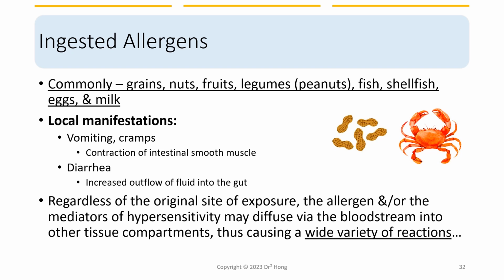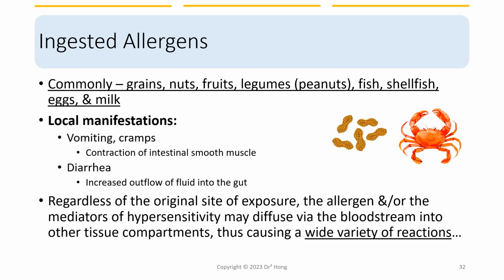However, it is relatively rare that IgE is present and specific for any of these allergens. But when IgEs are present, they will trigger histamine release, and that will cause changes in blood vessel permeability and also smooth muscle contractions, leading to symptoms such as cramps, vomiting, and diarrhea.